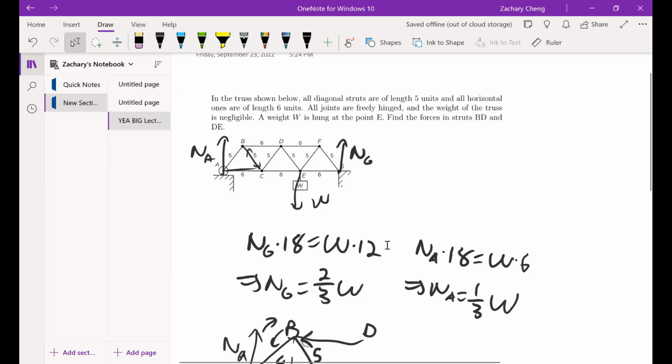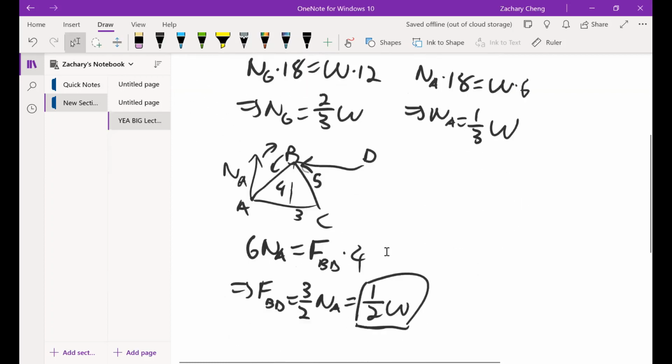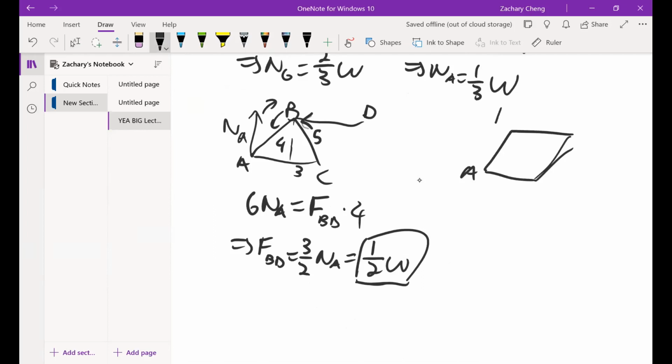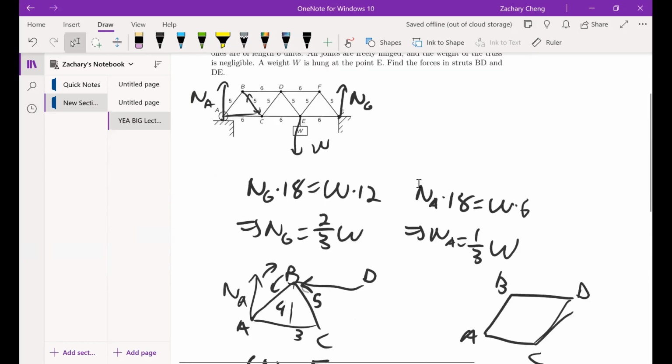Okay, so now let's look at the system ABDC here, which is like this, ABDC. And now let's just try to balance the torques on this around the pivot A. And so there's a DE here and a DF.